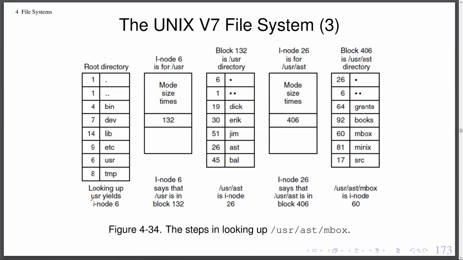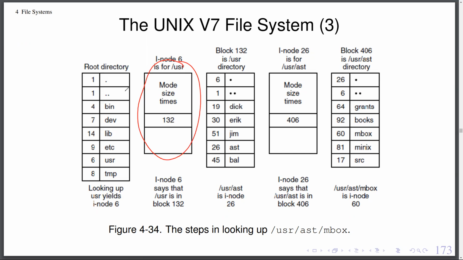When they want to look up the item within this directory, USR, they look up inode 6 that corresponds to that entry. That tells them on the disk where to look for the meta information for the file. So inode 6 tells us where we're going to find the rest of the directory USR.